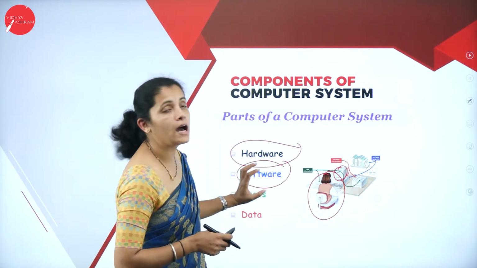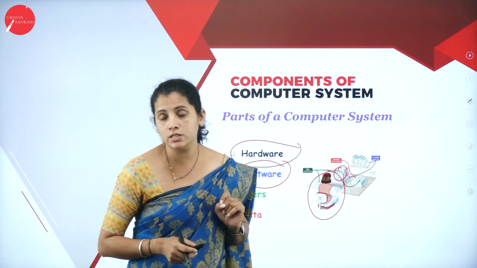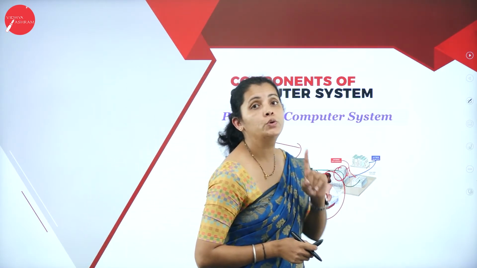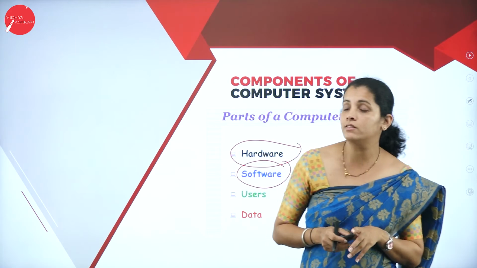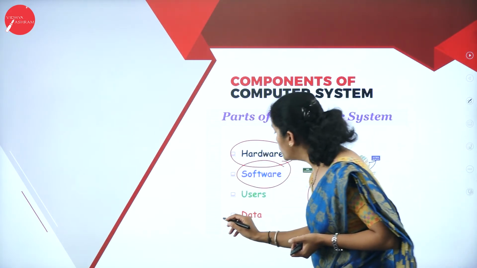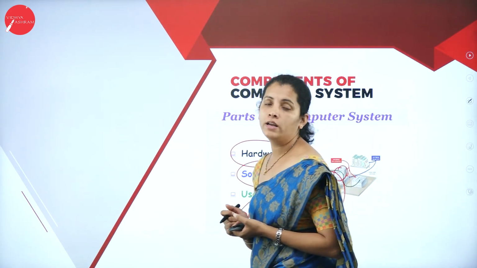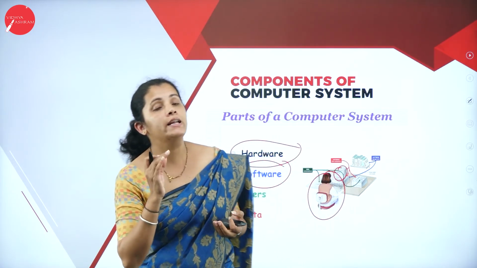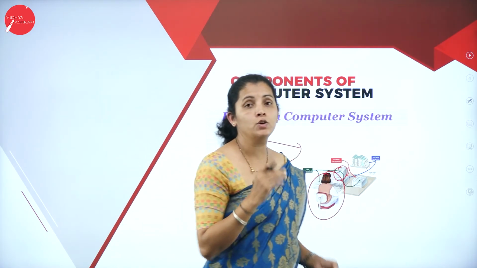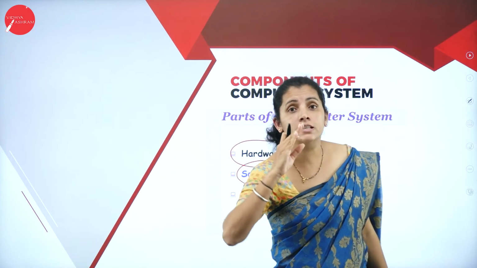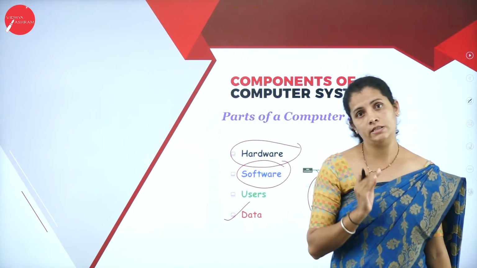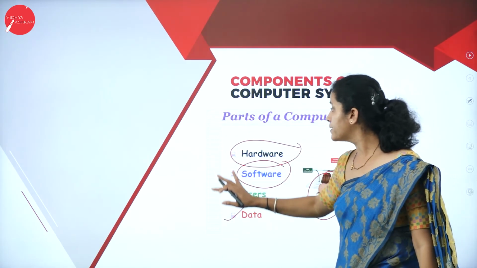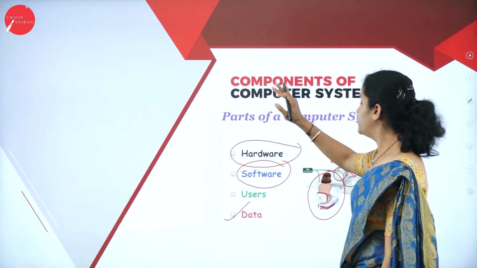The users are nothing but the end users, one who is going to use the computer system. So at the end we are going to have data or information. Here data is nothing but raw facts, whereas information is nothing but processed data. So these are the components of a computer system.